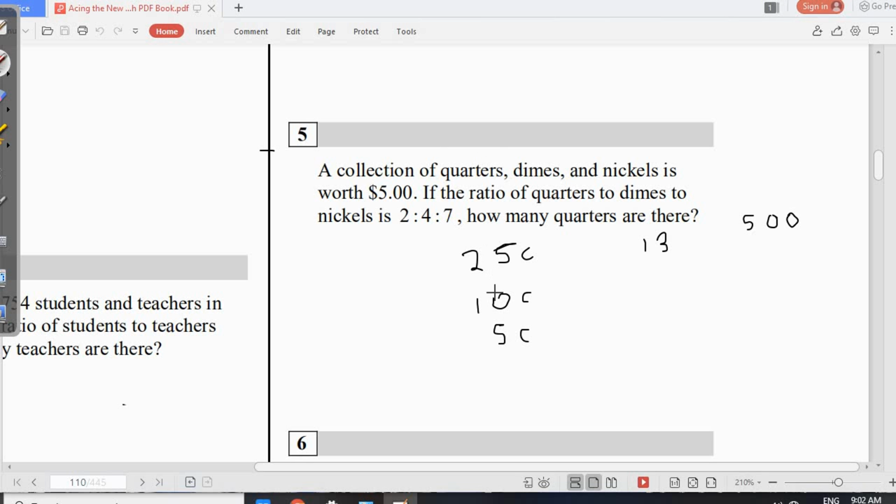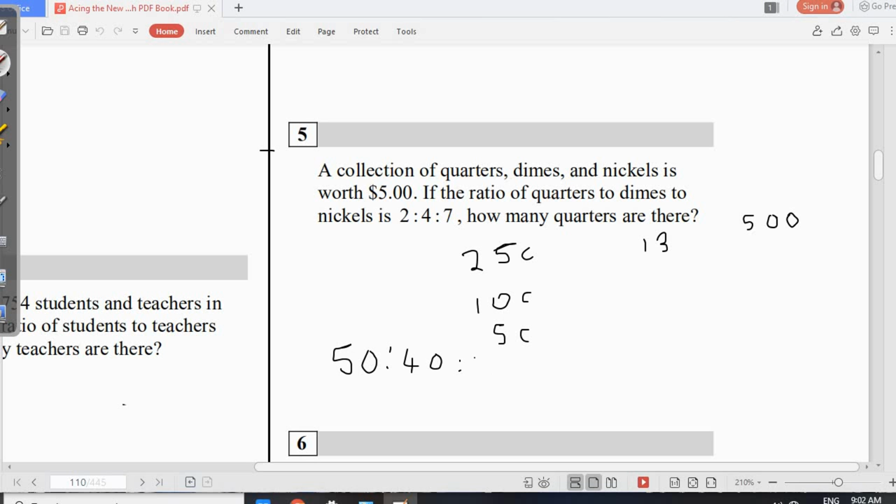A quarter is 25, a dime is 10, and a nickel is 5. So we should be multiplying each of these. Quarter, 25 times 2, we have 50. A dime is 10 times 4, that's 40, and 7 times 5 is 35.